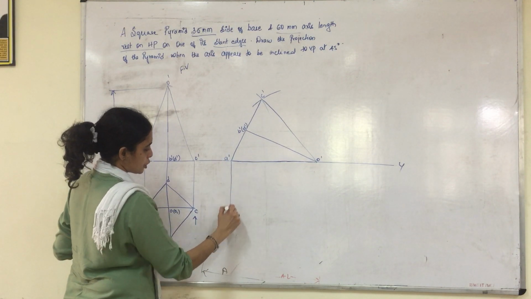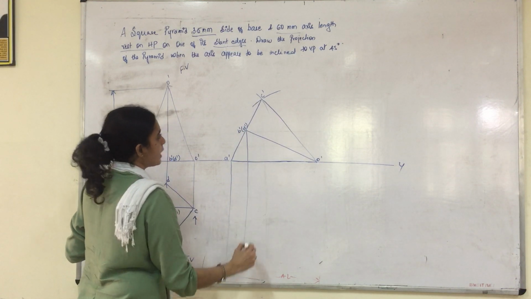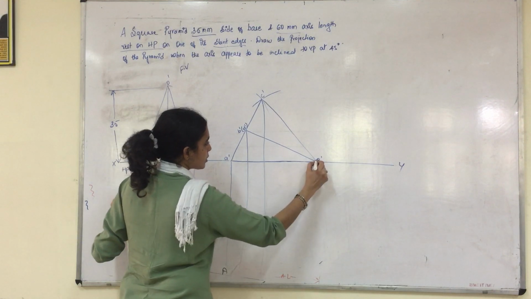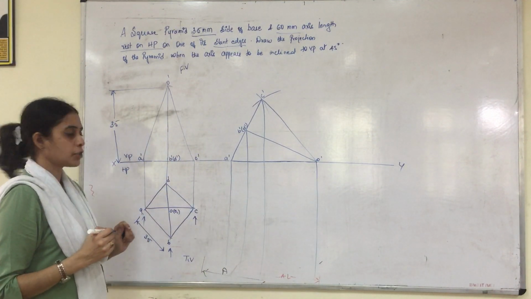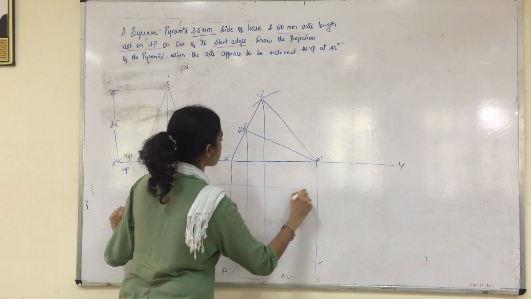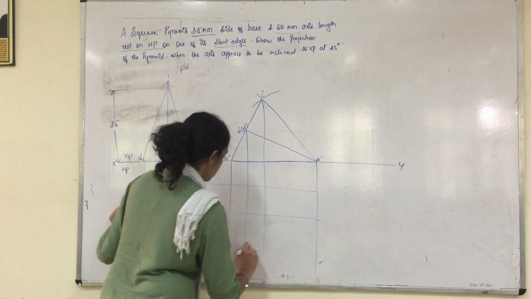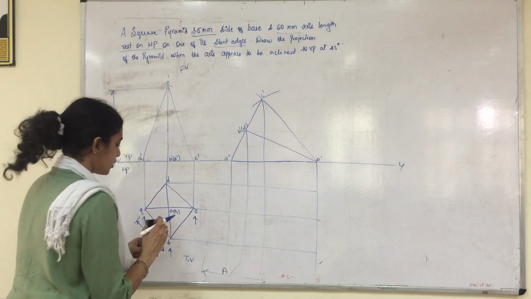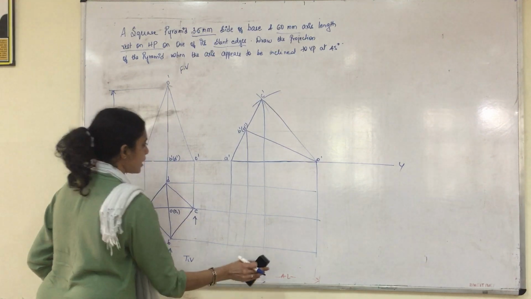Please take the projection from A dash, B dash and D dash, C dash and O dash. Once you take the projection, you extend the projection from our top view also. Don't forget to project any of the points. All points are important over here. Kindly erase the extra lines.